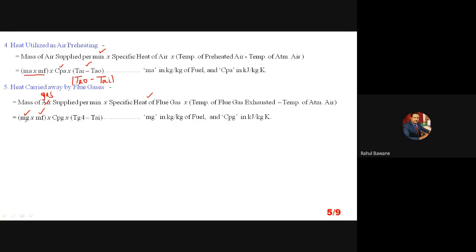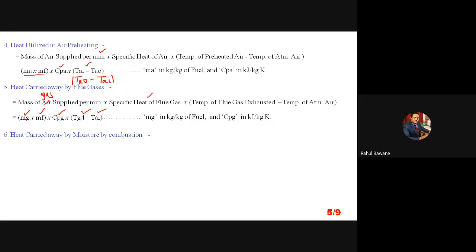So the product of mass of gas multiplied by fuel gives mass of exhaust gases per unit time, multiplied by Cp of gases, then temperature difference, Tg4 minus Tai, this is atmospheric temperature. So this much amount of heat is exhausted into atmosphere. Now still we found there is an imbalance.